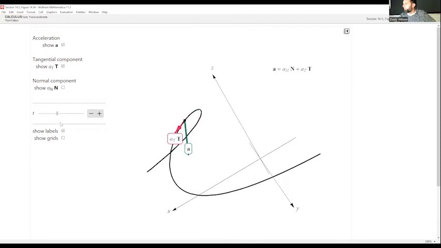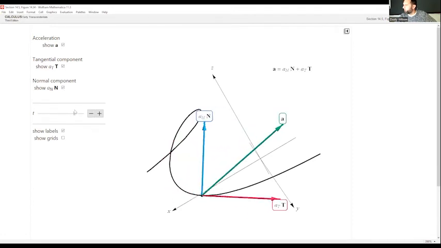But everywhere there are lots of bends and turns, that tangential component is relatively short. So the tangential component is short on the bends.